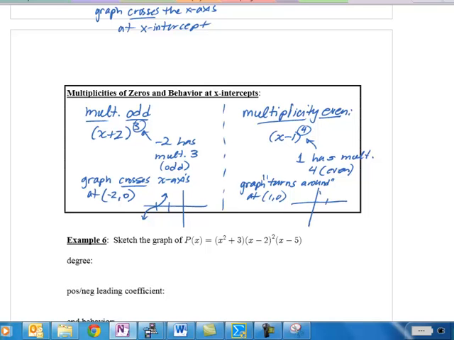So who knows what the rest of the graph looks like, but around that point the graph is going to look like this. It will come down and just touch the x-axis and then turn around.